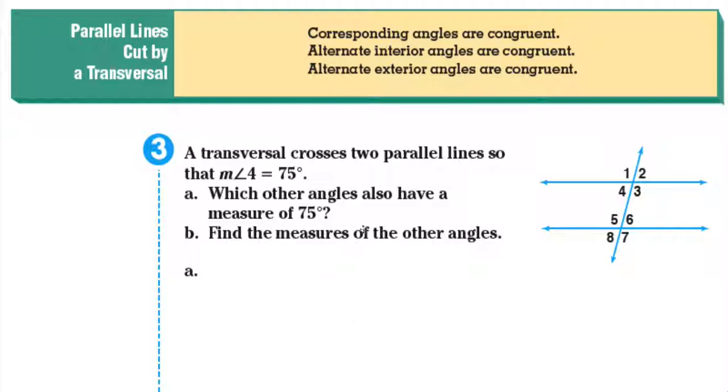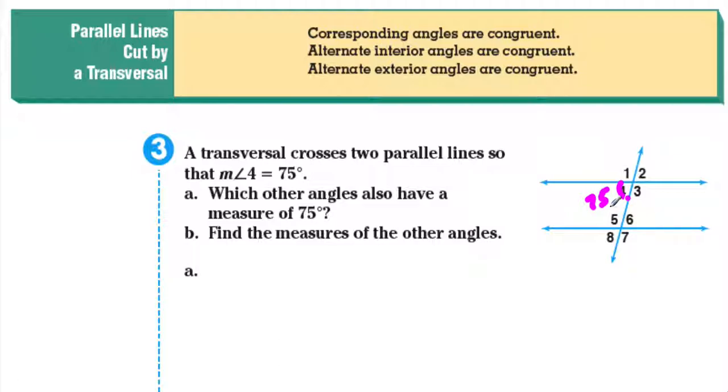A transversal crosses 2 parallel lines so that the measure of angle 4 is equal to 75 degrees. Okay, remember we talked about this. The measure of angle 4, this is angle 4, is 75 degrees. That means there will only be one other measure, which is supplementary to angle 4.